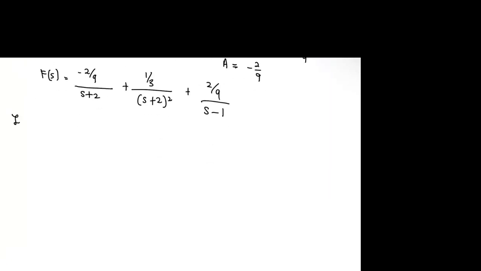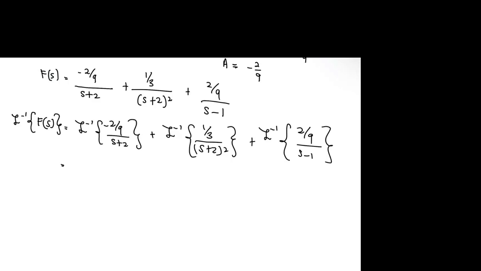Find the inverse Laplace of F(s). So the inverse Laplace of F(s): we have inverse Laplace of minus 2 over 9 over S plus 2, plus inverse Laplace of 1 over 3 over S plus 2 square, plus inverse Laplace of 2 over 9 over S minus 1.